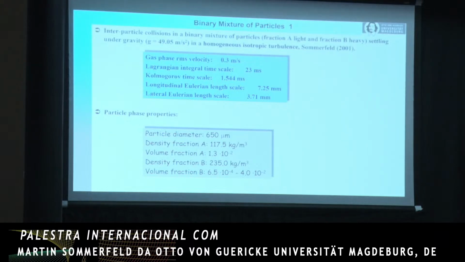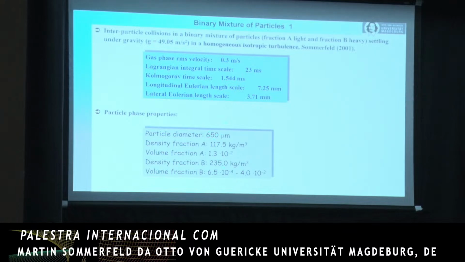Here are the parameters of the turbulent structure, the length scales, the Kolmogorov scales, and to get more collisions, we introduce 2 kinds of particles.